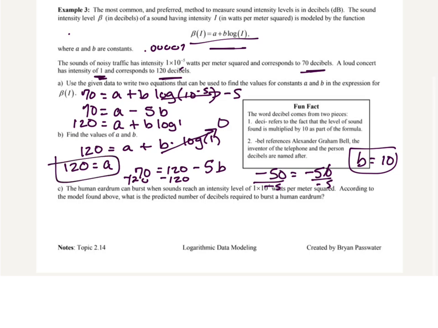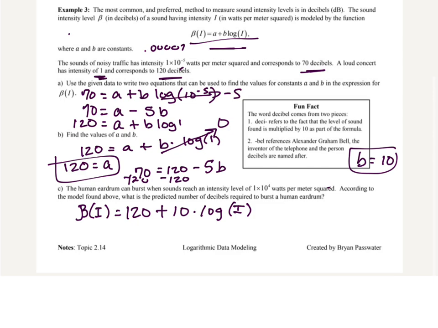Okay, so it says the human eardrum can burst when sounds reach an intensity level of 1 times 10 to the 4th watts per meter squared. According to the model found above, so let's actually write out the model. Beta of I is equal to A, 120, plus B, 10 times log of I. That's our model.